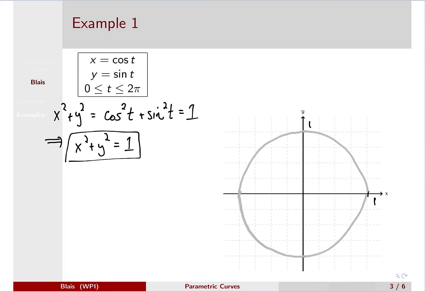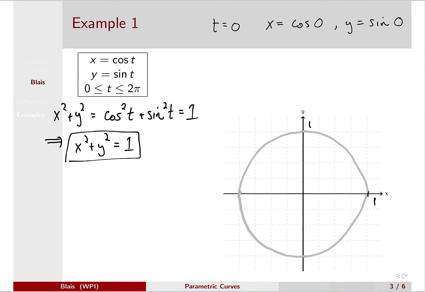Well, let's think about the trajectory of such a particle. So when t equals 0, let's look at where the particle is. If t is 0, we have x equals cosine of 0 and y equals sine of 0.